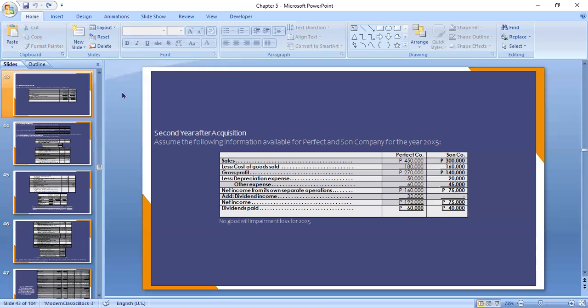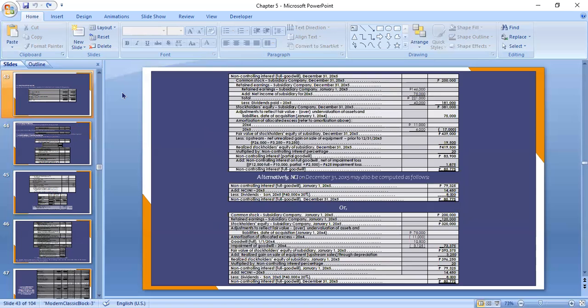So we have now the net income of the subsidiary, and dividends paid by the parent of 60,000, and the subsidiary only 40,000.